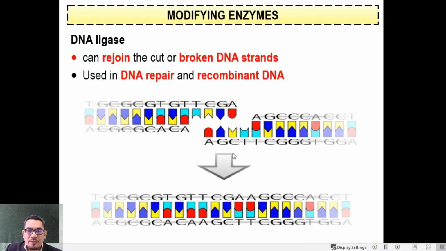The last tool that we use in recombinant DNA technology is modifying enzyme. Example, DNA ligase. The function of ligase is to rejoin the cut or broken DNA strand. We use it in DNA repair and recombinant DNA.